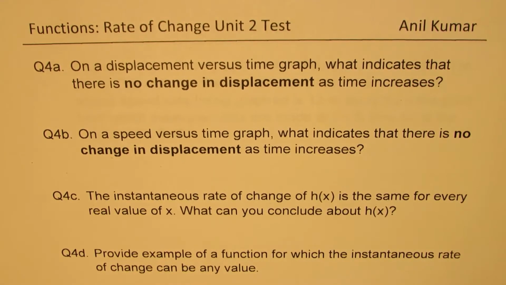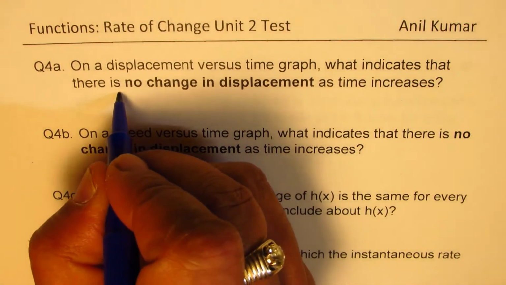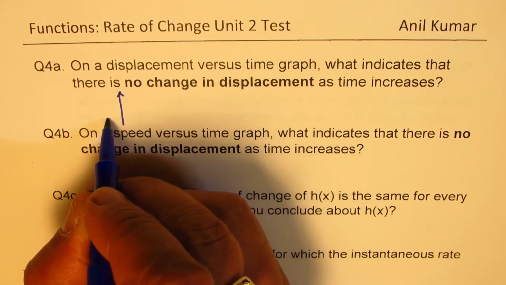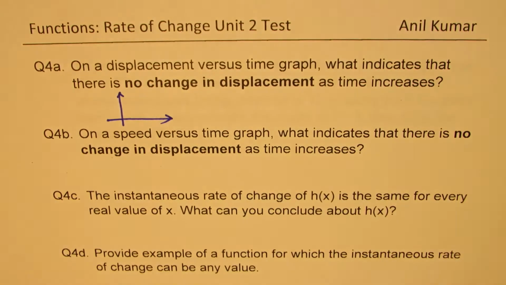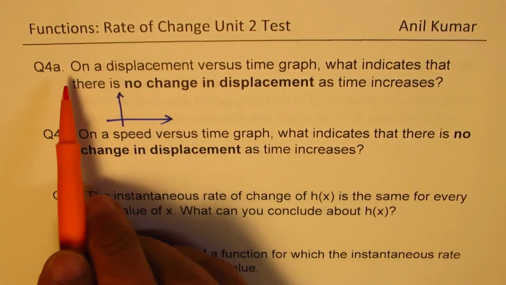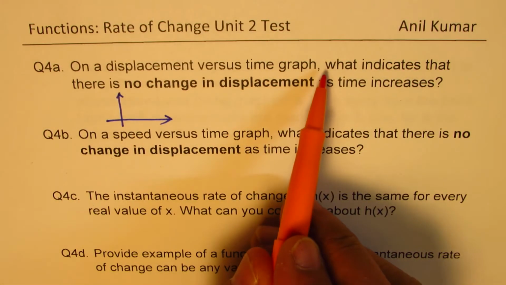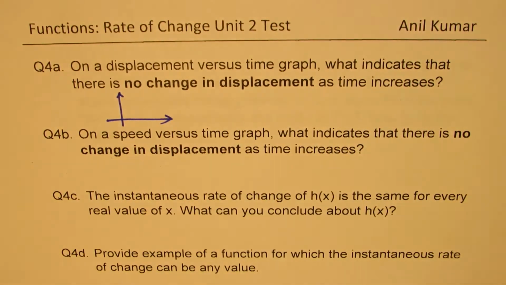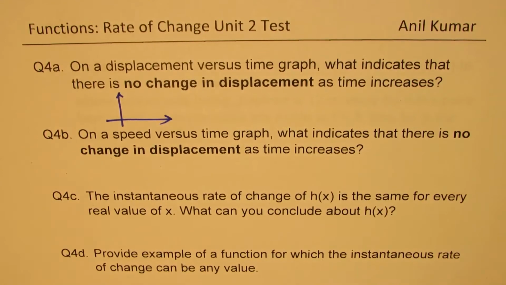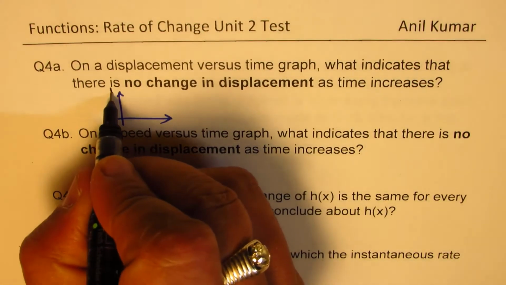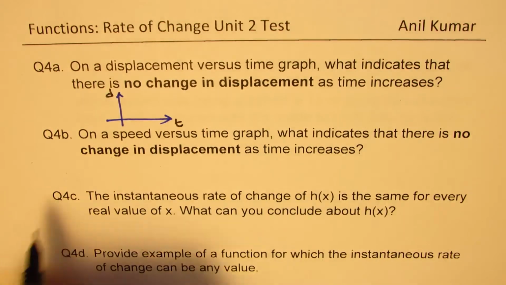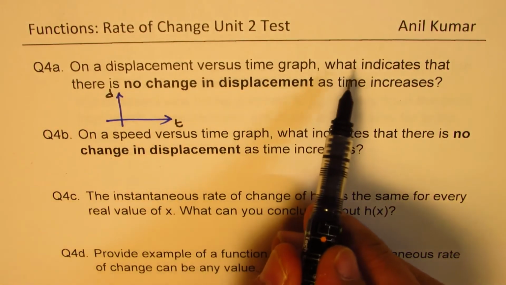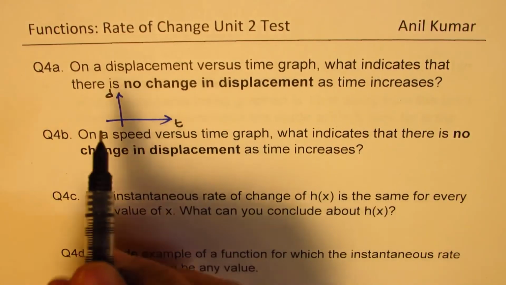So let's begin with the very first one, which is based on displacement versus time graph, right? Now, on a displacement versus time graph, what indicates that there is no change in displacement? Well, displacement will always be on the y-axis and time on the x-axis. Then what indicates that there is no change in displacement?